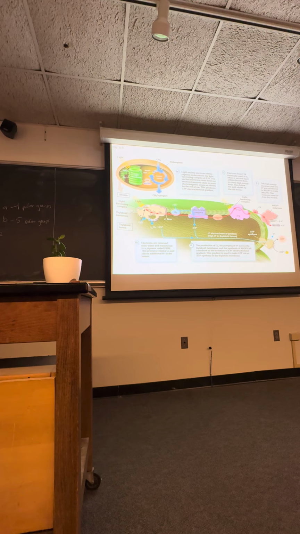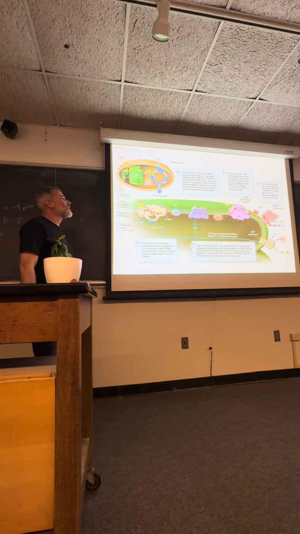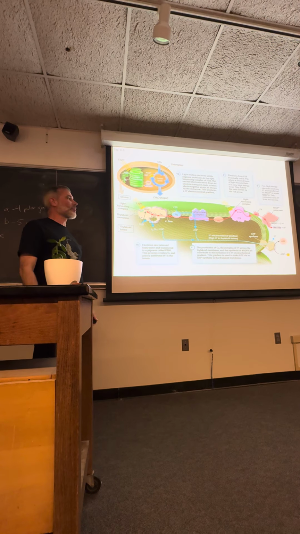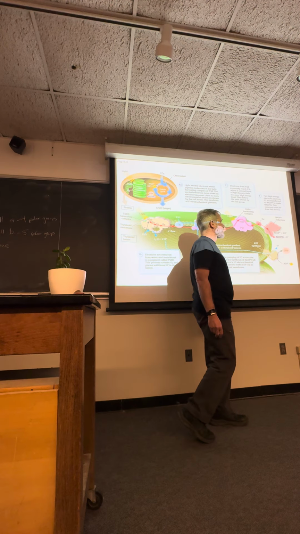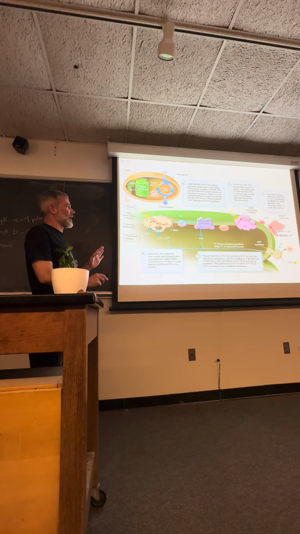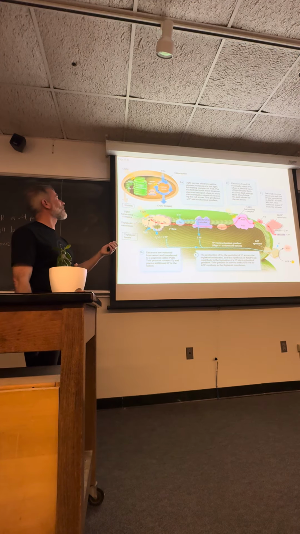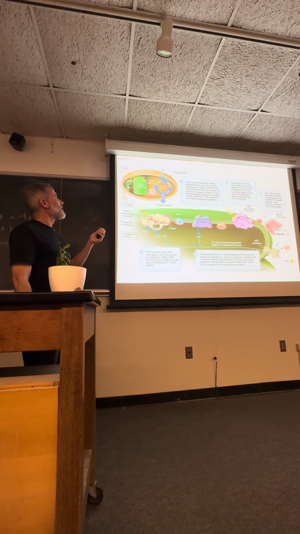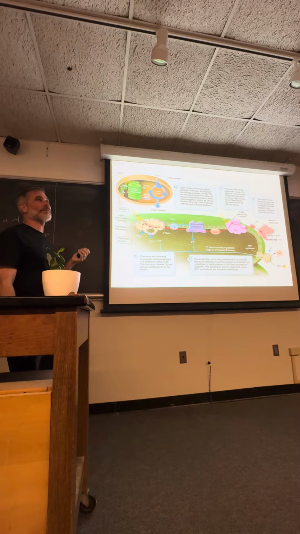All right, so now we get to the fun part: the movement of electrons through the thylakoid membrane through a series of different protein complexes and electron carriers. So before we get into that, let's take a step back and look at some of what's going in and what's coming out. We already said, and we have our little diagram up here to help us, water goes into the reaction of photosynthesis, oxygen comes out.